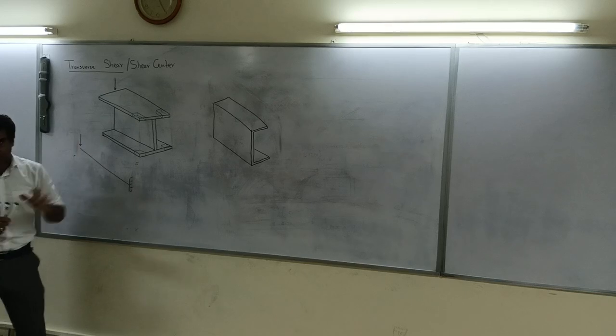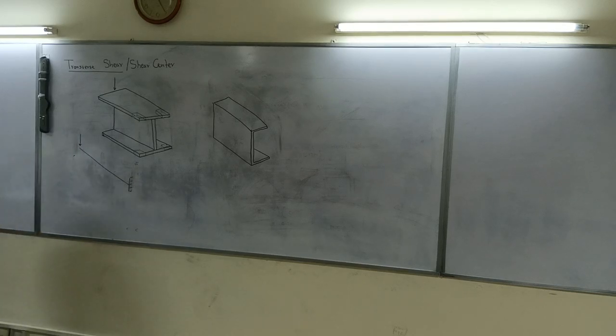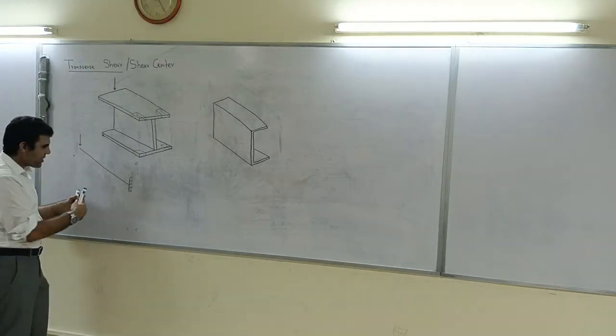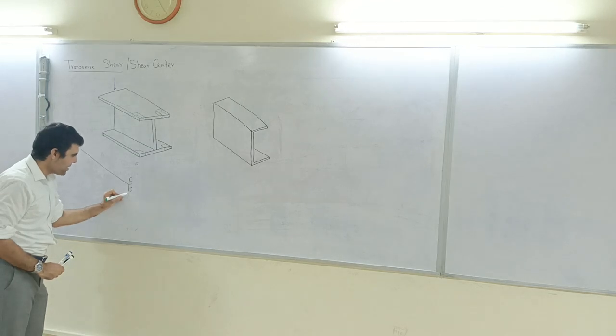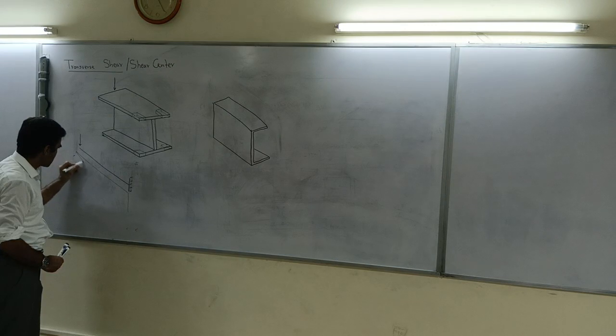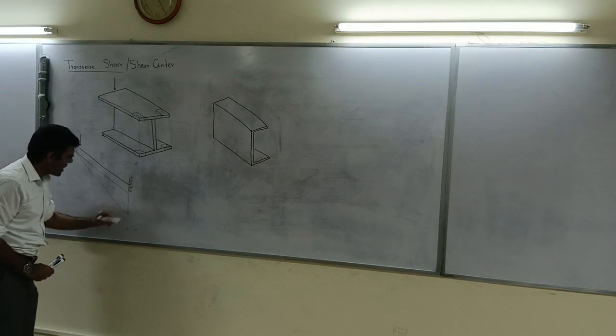Now, if you find one unbalanced force, you can equilibrate the whole box and you can find out the other shear forces. Okay, so how do we do that? Because it's a cantilever beam, the shear force diagram and the bending moment diagram of the cantilever are like this, isn't it?